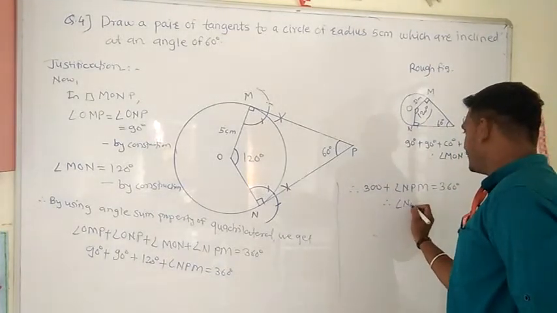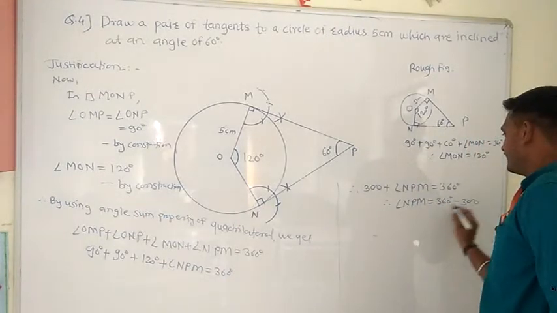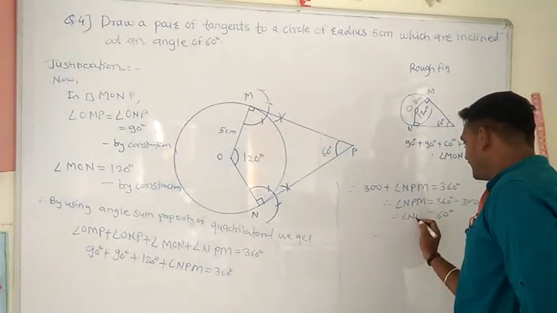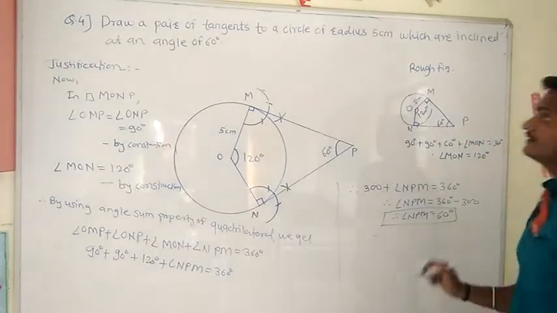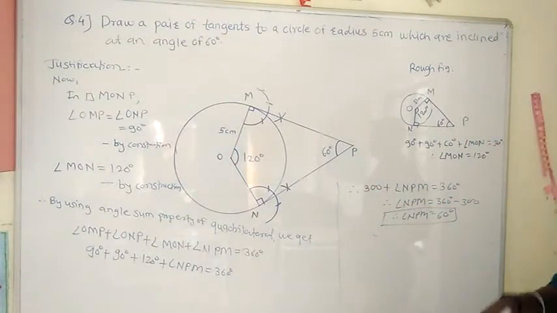Therefore angle NPM is equal to 360 minus 300 is equal to 60 degree. Therefore we got angle NPM is equal to 60 degree. This one only we have to draw. We have drawn here. Okay, copy down this.